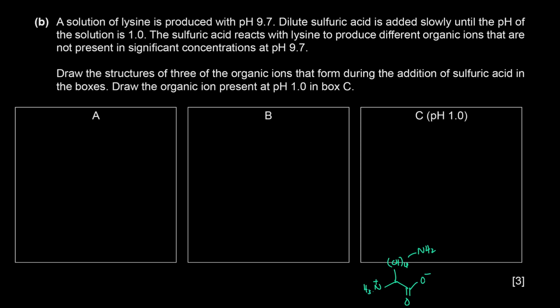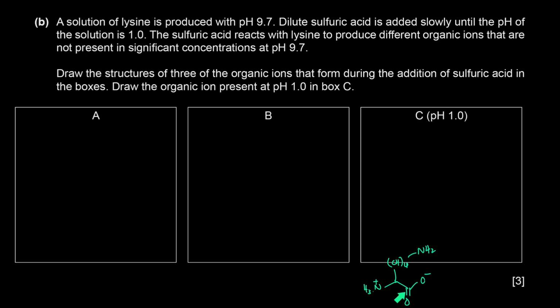Now, when dilute sulfuric acid is added slowly until the pH of the solution is 1.0, the sulfuric acid reacts with lysine to produce different organic ions that are not present in significant concentrations at 9.7. Draw the structures of three of the organic ions that are formed during the addition of sulfuric acid in the boxes. Draw the organic product present at pH 1.0 in box C.